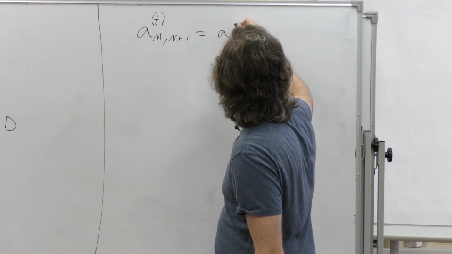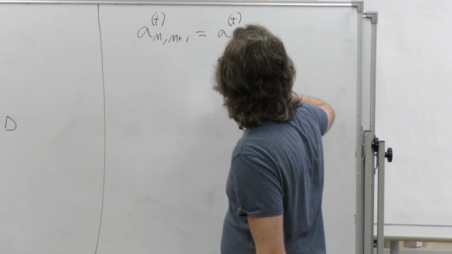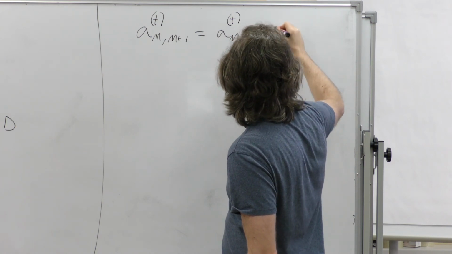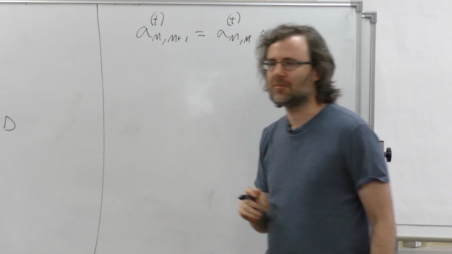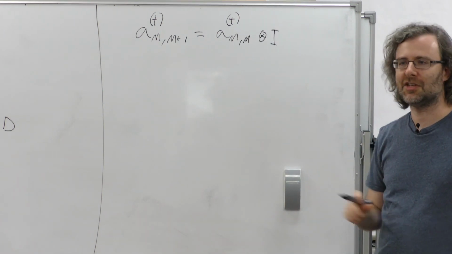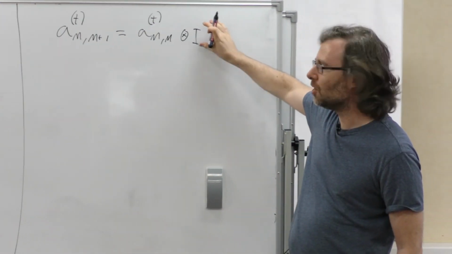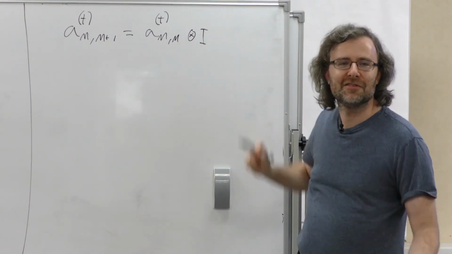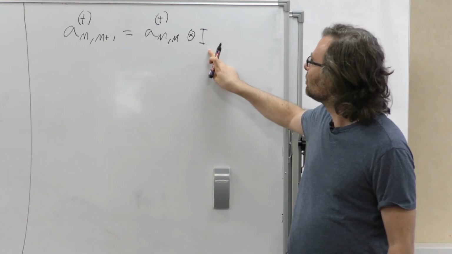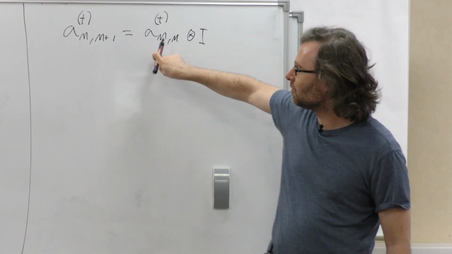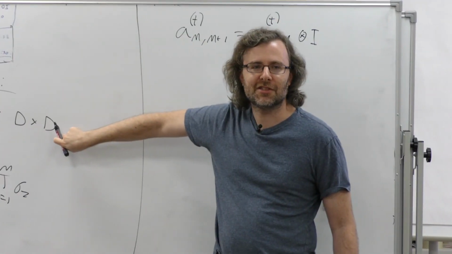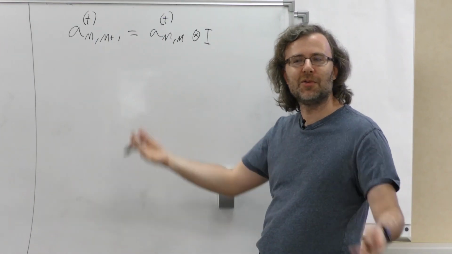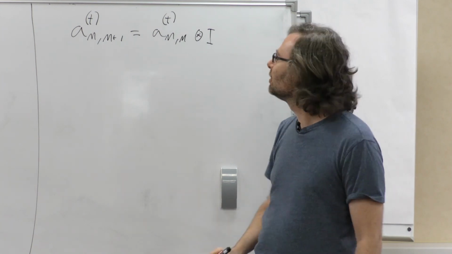Well, I know what that is, right? It's a or a dagger at M in a system of size M times an identity matrix. So this is an identity matrix over the Hilbert space of a single site. So it's a 4 by 4 matrix. So this moves me from a size d set of matrices to a size 4d set of matrices. So I'm quadrupling my Hilbert space as I'm doing this.